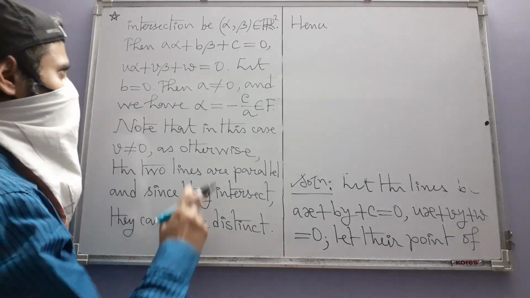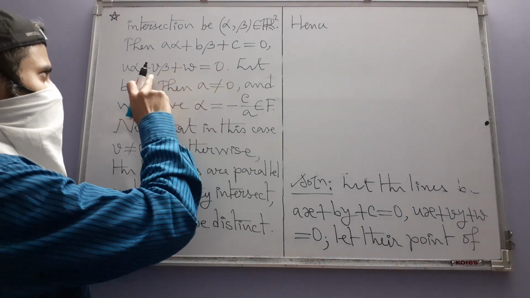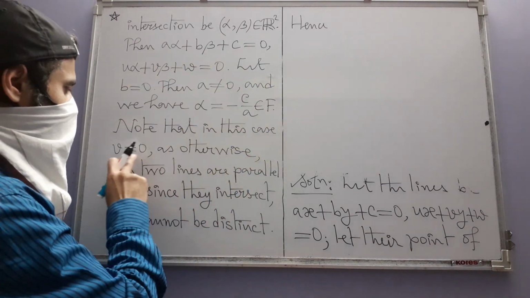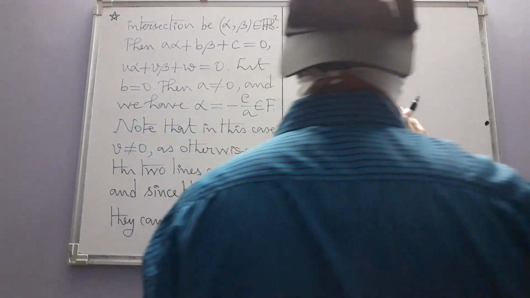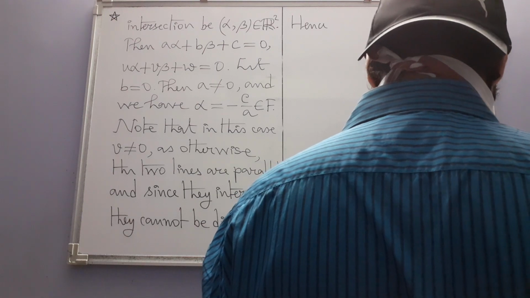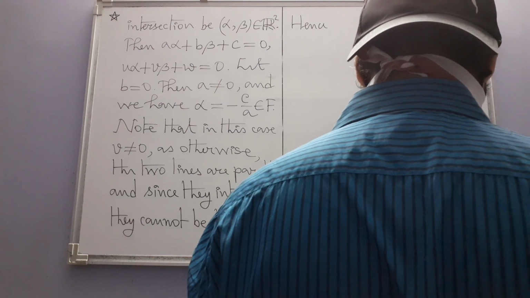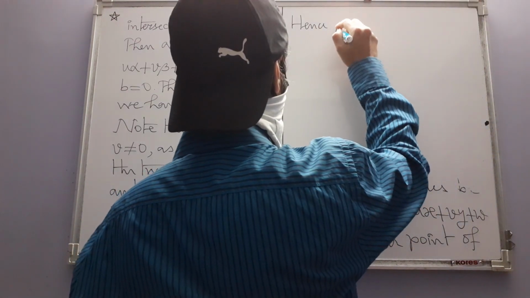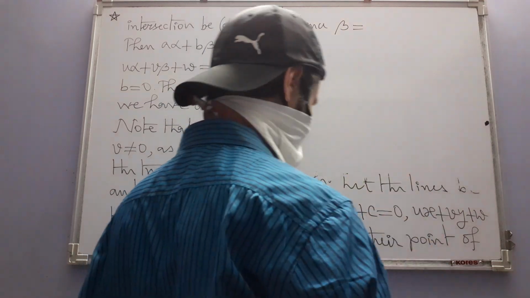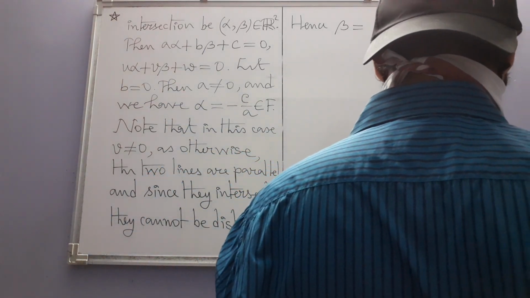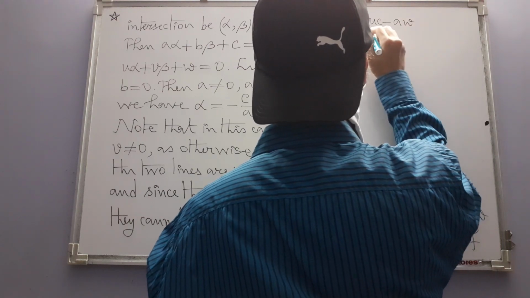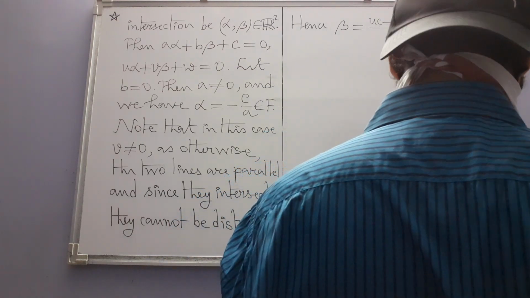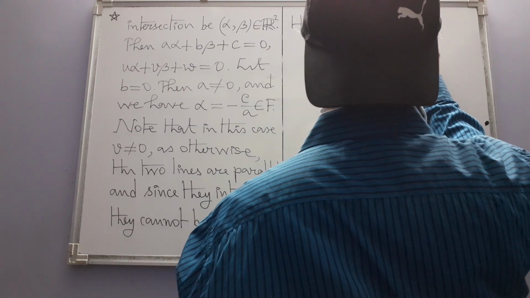And in doing so, because at one stage you will have to divide by v, non-zeroness of v is essential there. And the ultimate result is this. What you ultimately get is this. Beta turns out to be uc minus aw divided by av.